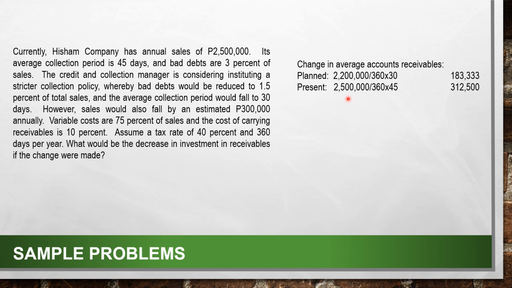Our present is 2,500,000 sales divided by 360 times 45. So we have accounts receivable of 312,500 at present. So there's a decrease in accounts receivable balance of 129,667. Again, you just simply deduct 312,500 minus 183,333.